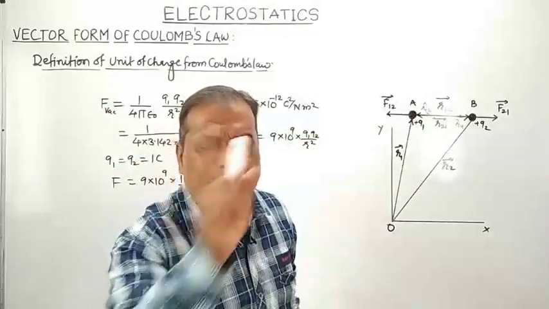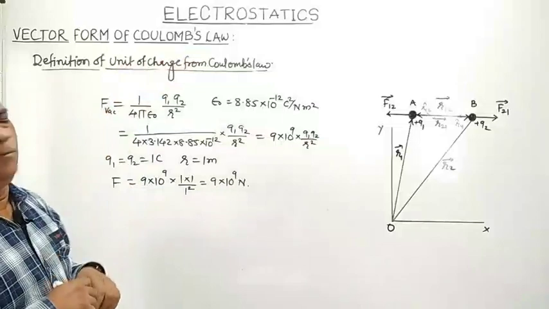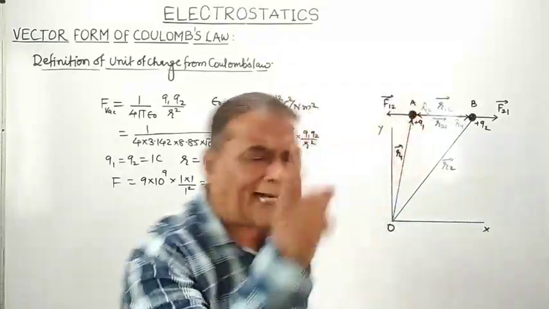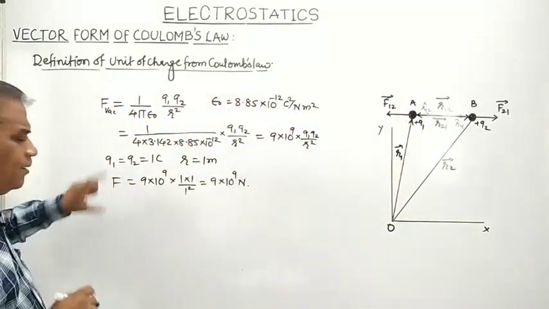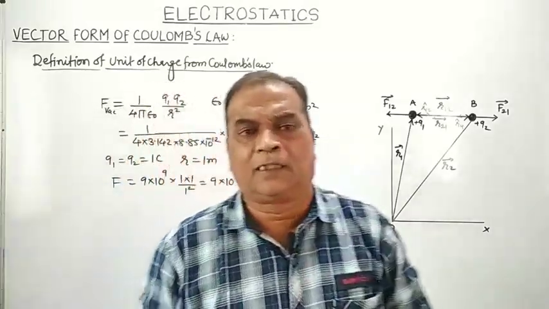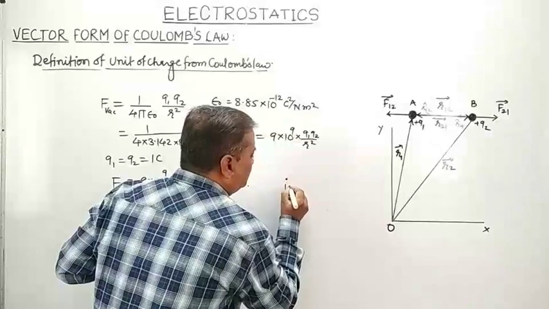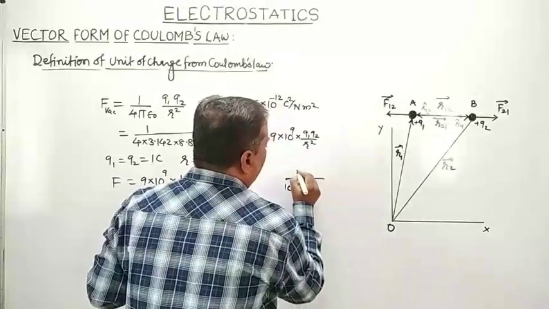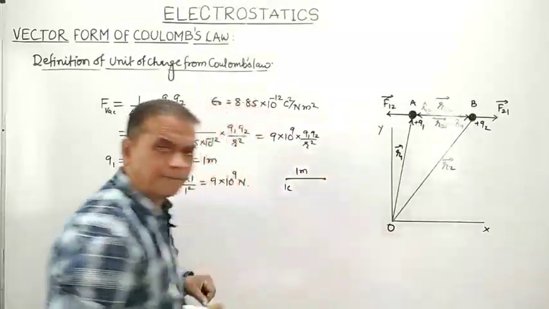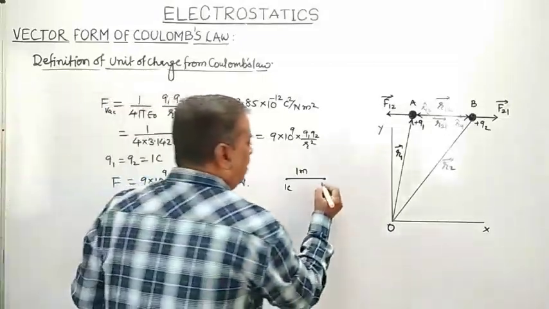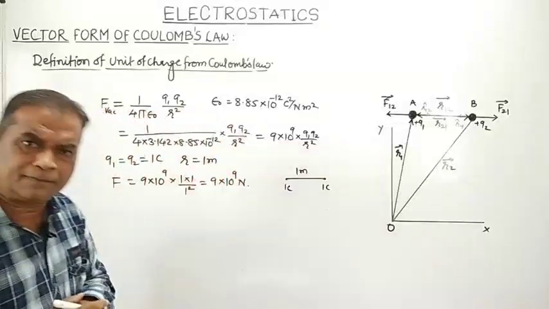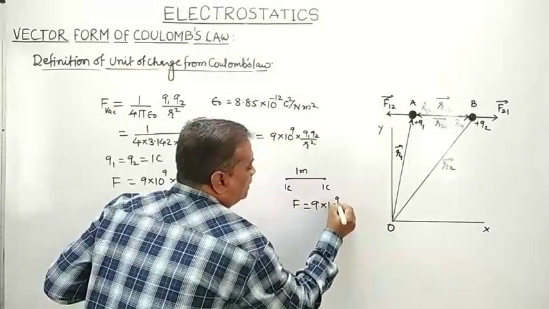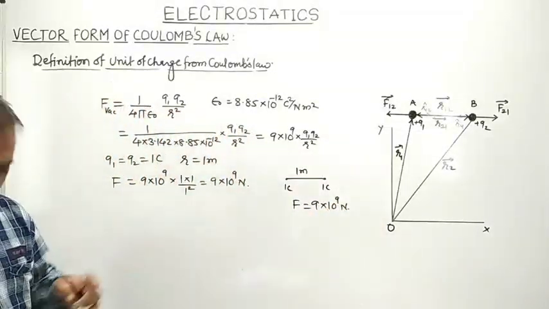Now everything is clear. Now here we can define what is 1 coulomb of charge. 1 coulomb charge is that amount of charge which when placed in a vacuum at a distance of 1 meter away from another charge of same magnitude will experience a force of 9 into 10 to the power 9 Newton.